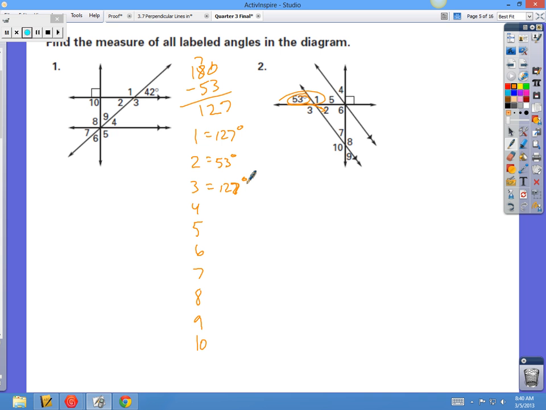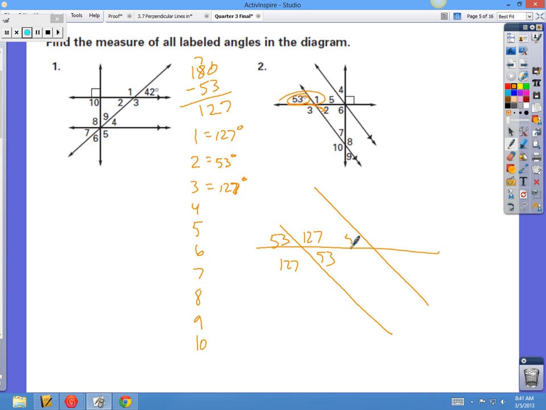And what else can we do? So if I take out that vertical line, I just found these. I just found 53 and 127, 127 and 53.